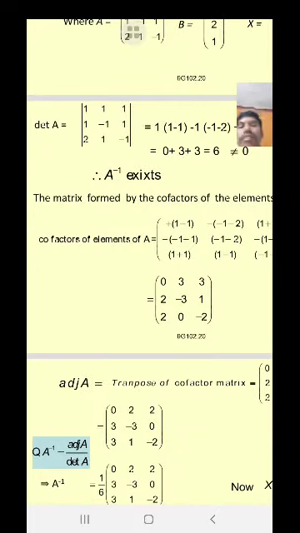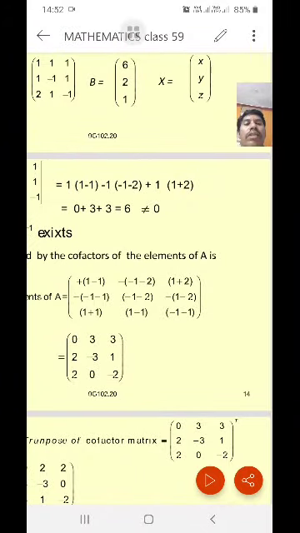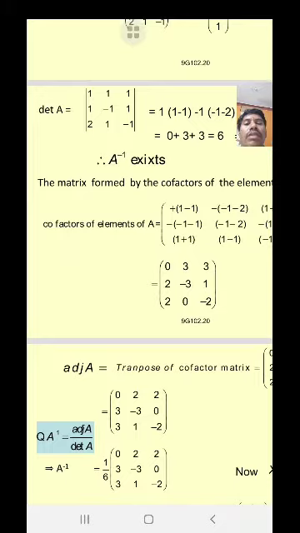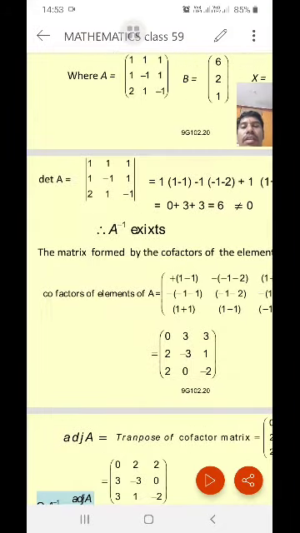Next point. The matrix formed by the cofactors of the elements of A. After finding the determinant of A, we have to find the adjoint of A. So how is the adjoint of A formed?